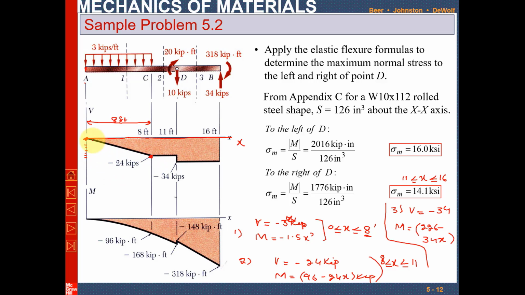Now, how will you know how to join these two points? You can see that this uniformly distributed load is a constant load, so the shear force will be one degree, a linear equation, and the bending moment will be two degree. We will discuss it a bit later.